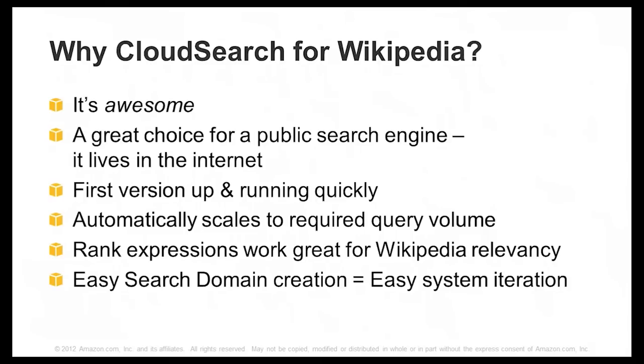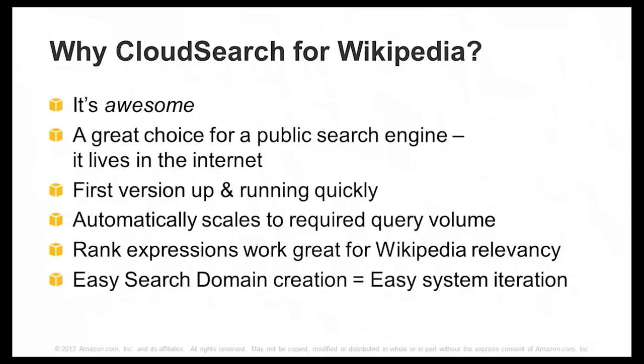If there's this big viral spike in queries, CloudSearch will just magically handle it all, and there won't ever be a problem. You never know with a public-facing search engine exactly what you're going to need, and that's just worked out great. Turns out the rank expressions for the Wikipedia data worked out really well for CloudSearch.